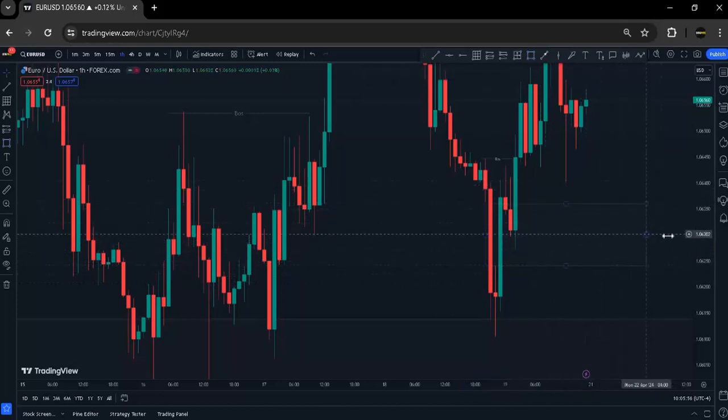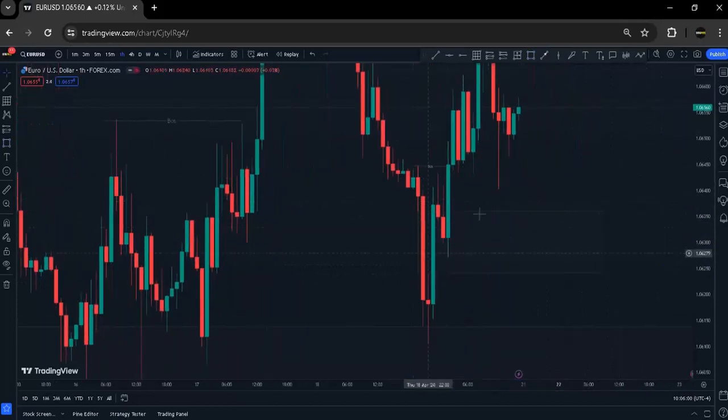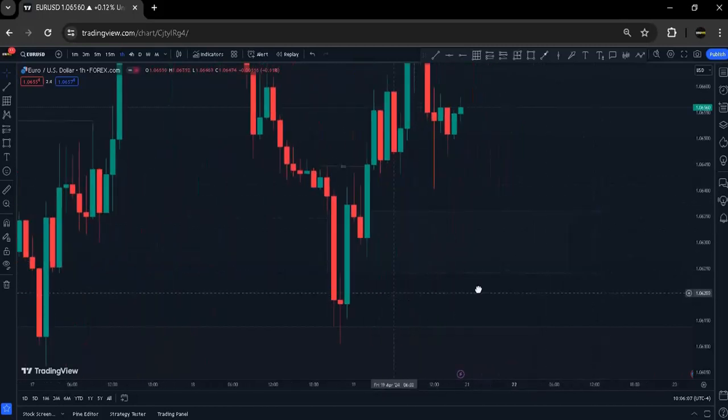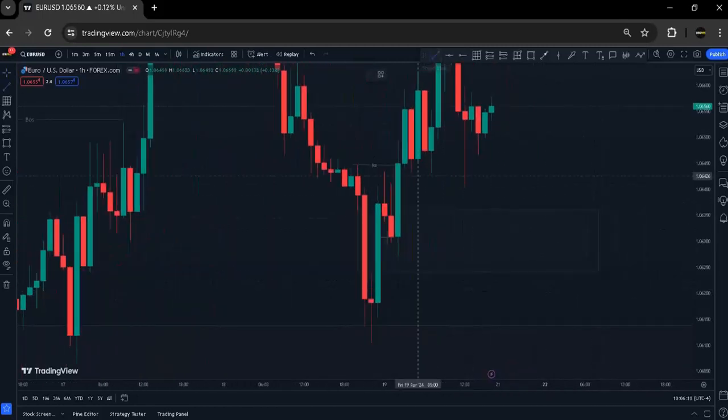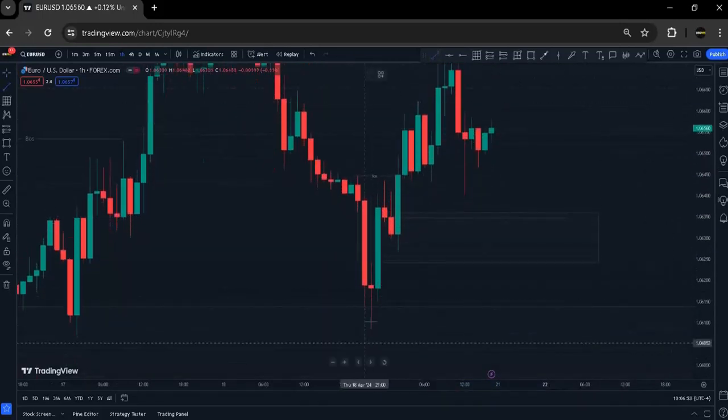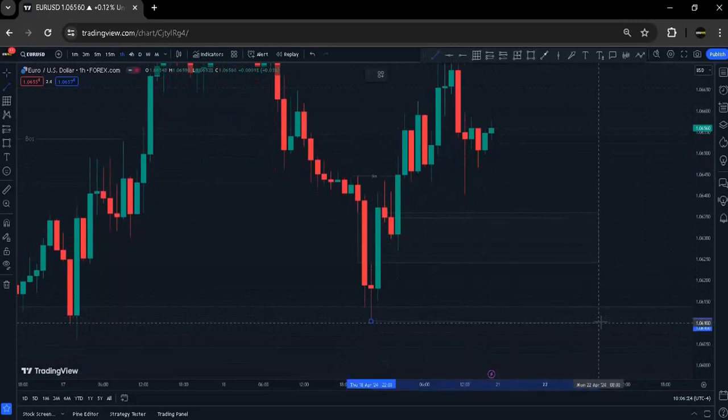That's the most interesting area for me to go higher, and within that inverse fair value gap we have that order block right there. So we use that swing low for our stop loss placement, right?